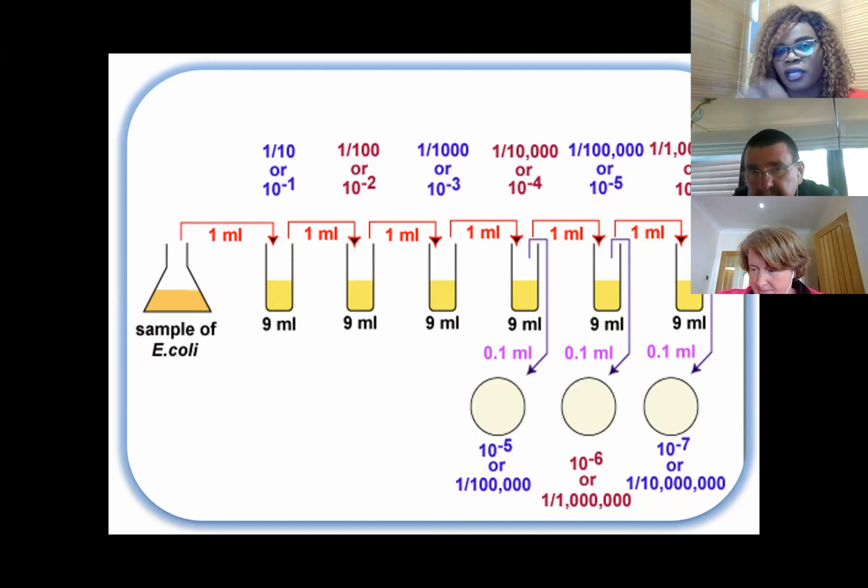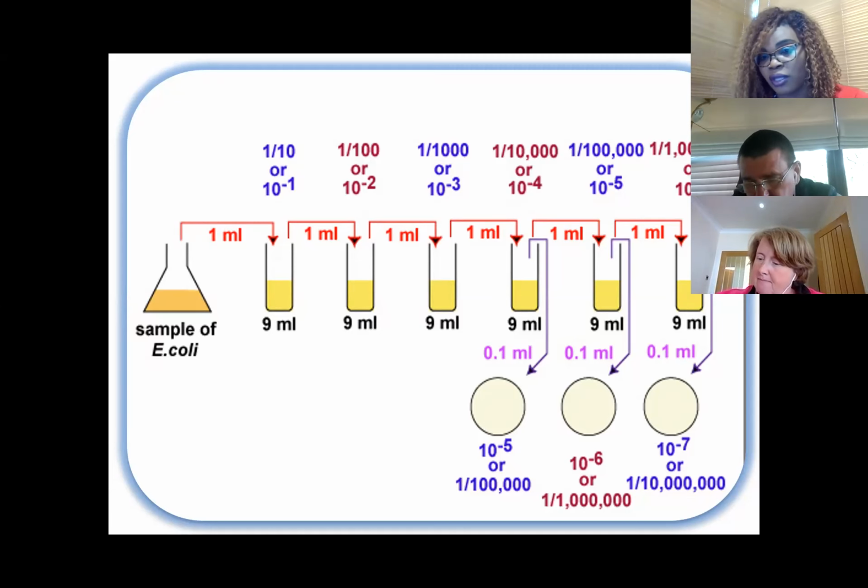Then the next one is 1 in 1,000, then 1 in 10,000, 1 in 100,000, and 1 in a million. Now you need to understand and appreciate that the more you dilute, the more chance of you getting a countable number of cells.